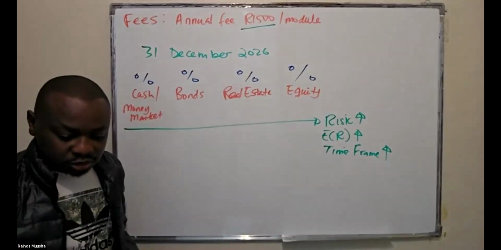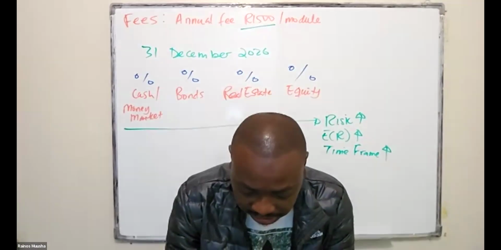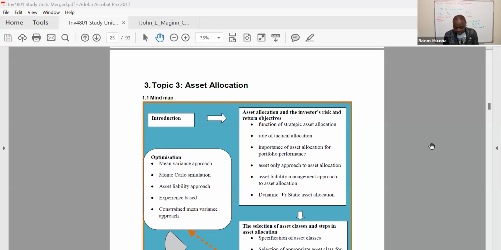Asset allocation. So you see that based on this reasoning, when we look at this study unit on asset allocation, it is basically about what percentage of your portfolio is going to be invested in these different asset classes.